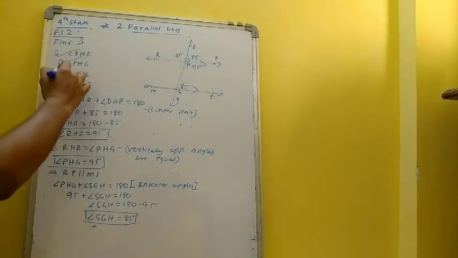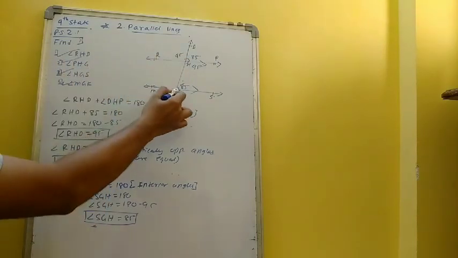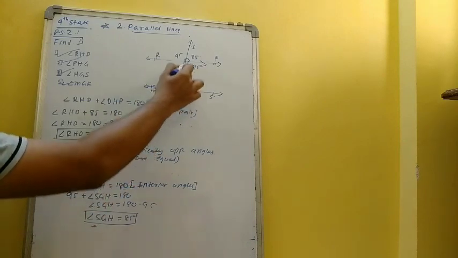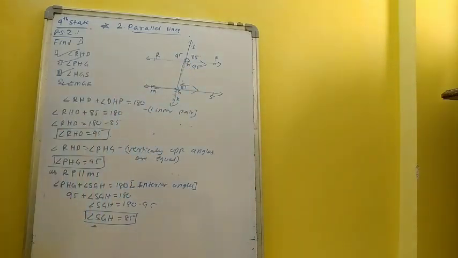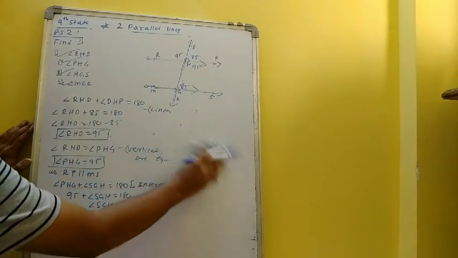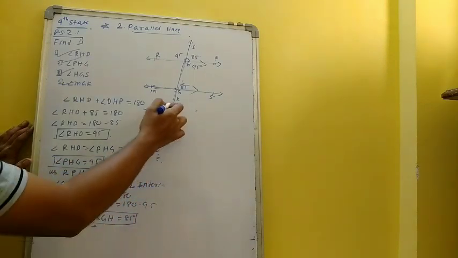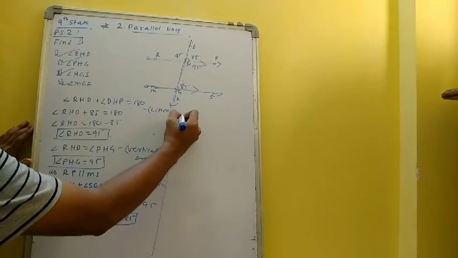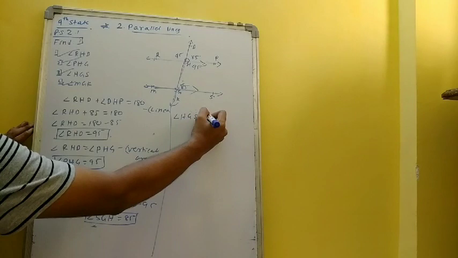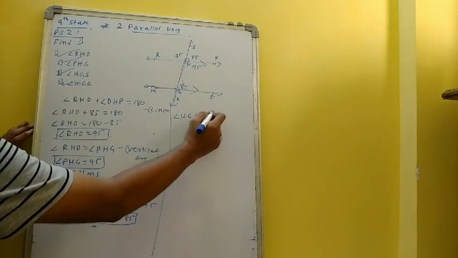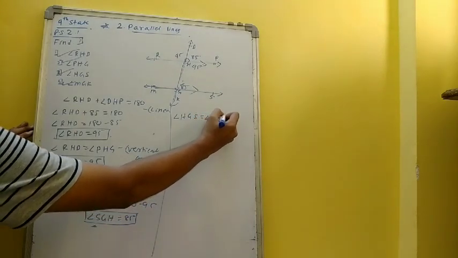The last, now MGK. Again we have two intersecting lines, therefore HGS is equal to MGK, vertically opposite angles. Okay, I'll just erase this part. So angle HGS is equal to angle MGK.